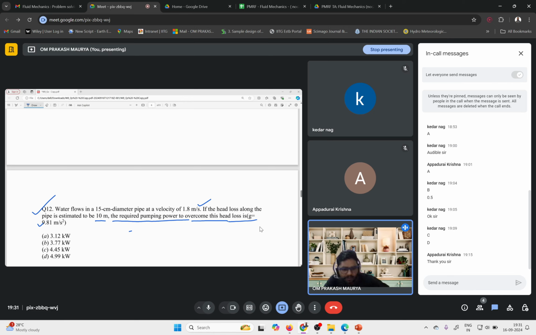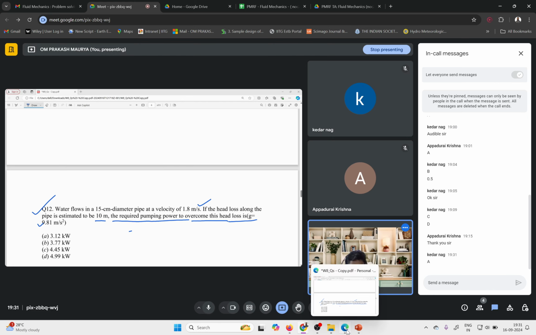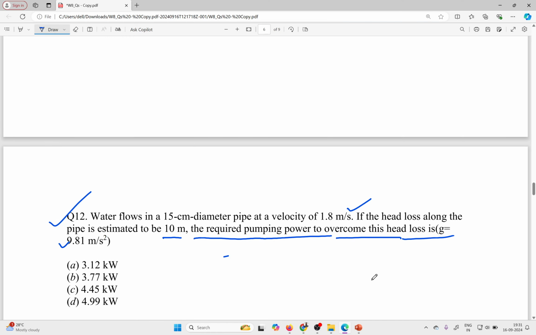Okay, so now I want to discuss a little bit. You are telling option A. So here, what is the question? Let us suppose a pipe in which water is flowing, and assume the length L is given.